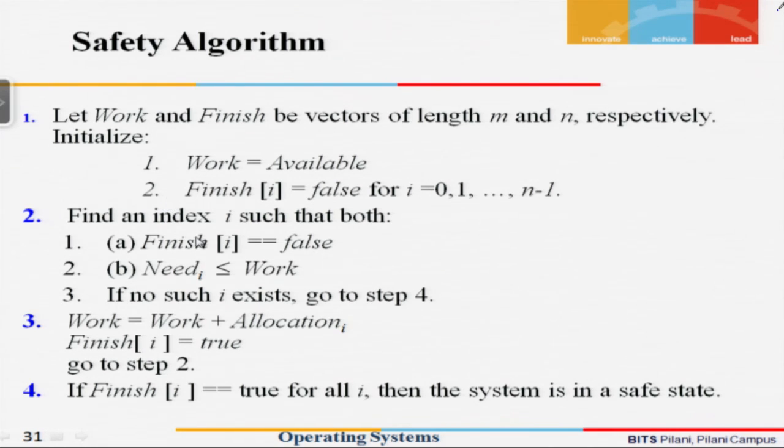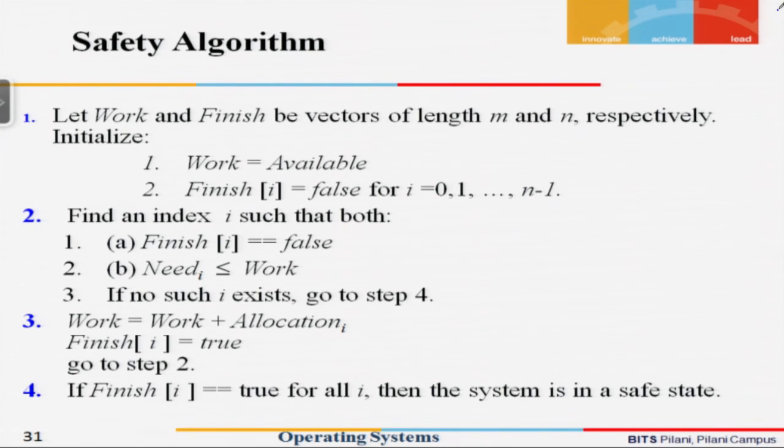But let us assume that these two conditions are satisfied. When these two conditions are satisfied, we come to step number 3. The assumption is that since the need for the ith process can be met by the availability, the ith process would get the resources, and after finishing, it is going to release all the resources which it was holding.